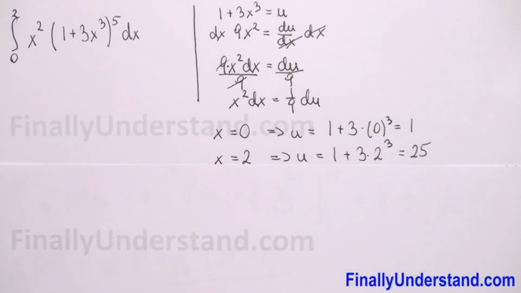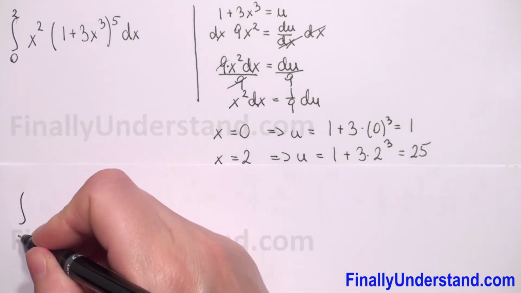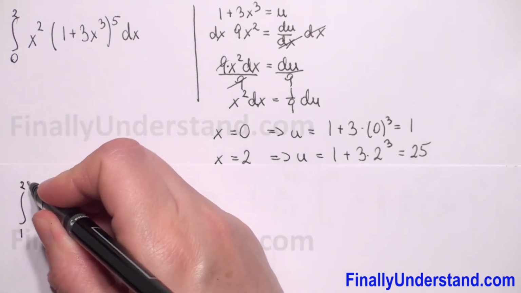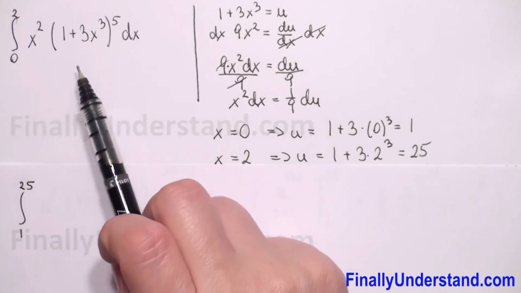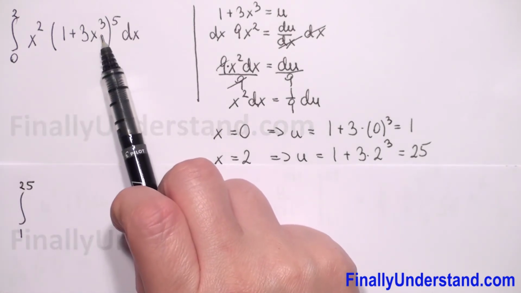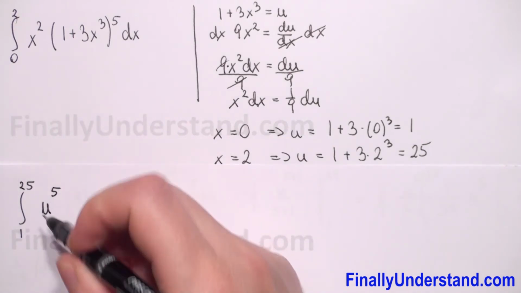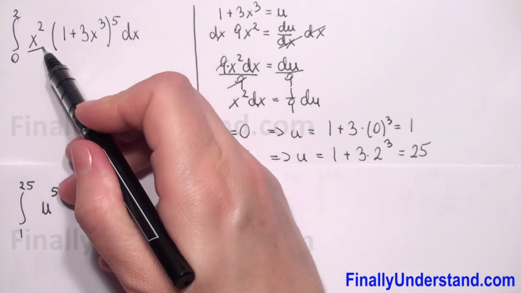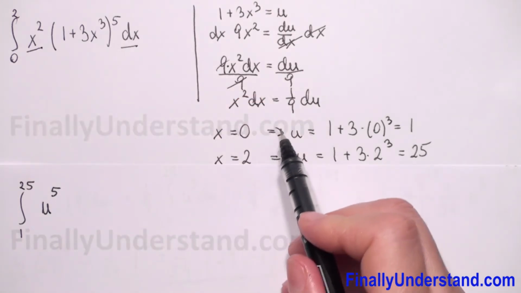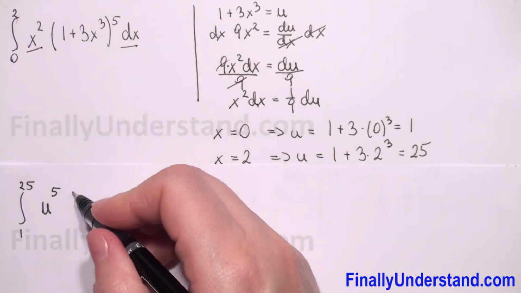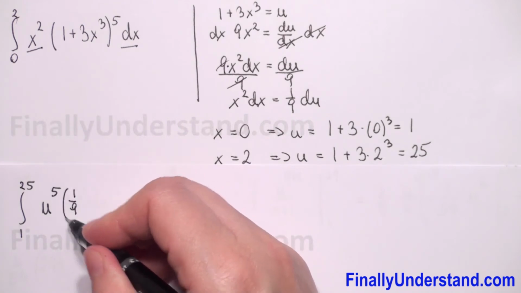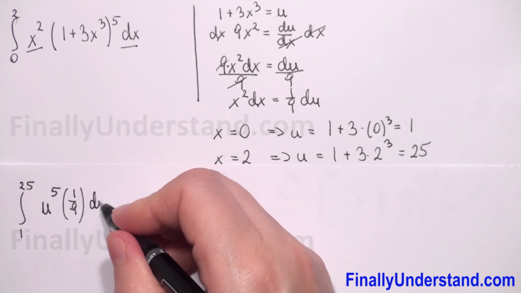Now we will rewrite our definite integral from 0 to 2 as from 1 to 25. And for 1 plus 3x cubed, we have to put u, to the 5th power, and x squared dx is equal to 1 over 9, we can put in parentheses, du.